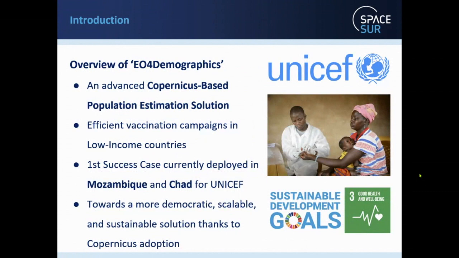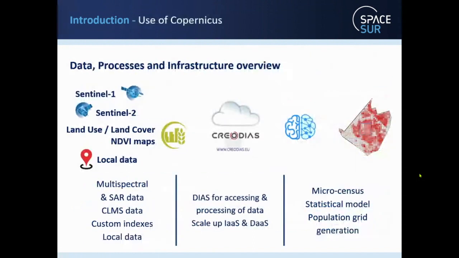EO for Demographics is an advanced Copernicus-based population estimation solution, pointing to a more democratic, scalable, and sustainable solution thanks to Copernicus adoption. At this moment, we have a solution developed on the high resolution services, and now we are going to convert it into a Copernicus full services solution.